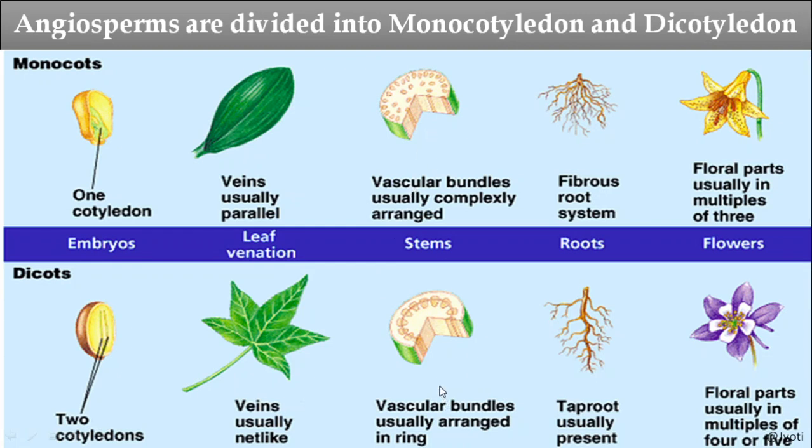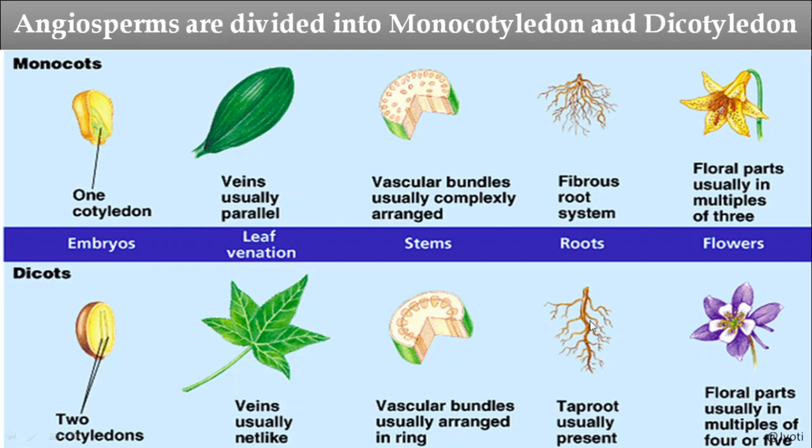We'll discuss this arrangement of vascular bundles and more differences in the vascular bundles of monocot and dicot in the anatomy chapter. Now looking at the root, what is the difference between the root of dicot and monocot? In monocot plants, the roots are fibrous. Fiber-like roots are present. From the base of the stem, a bunch of fiber-like roots develops. This is called a fibrous root.